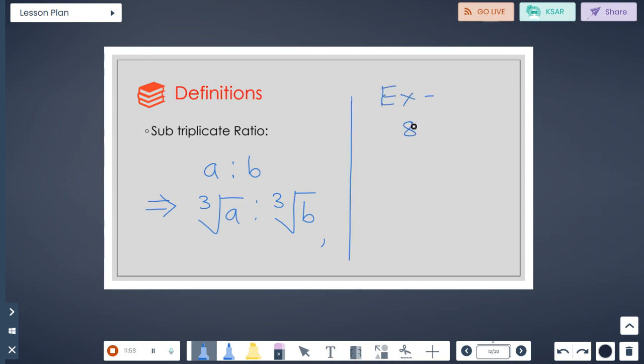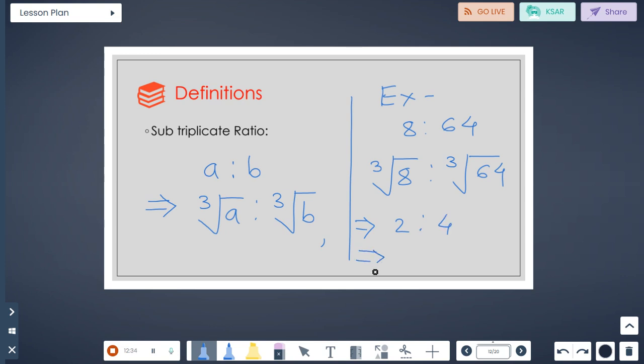Take the ratio 8 is to 64, and we have to find its subtriplicate ratio. Simply find the cube root of 8 is to the cube root of 64. We know that the cube root of 8 is 2 and the cube root of 64 is 4.